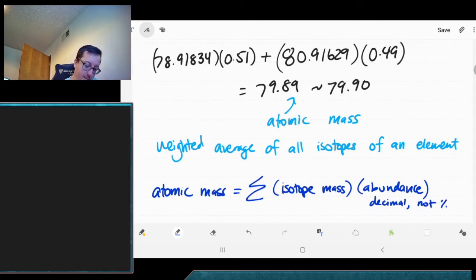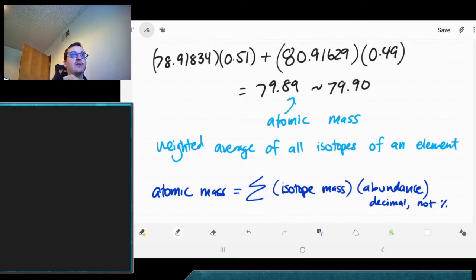Not percent, so put it in decimal form. And you'll add that up for however many there are. So for bromine, there were 2 isotopes, so we would add up 2 things. We're going to add the isotope mass of our first isotope times our abundance, added to the isotope mass of our second one times the abundance there. So that's how we're going to calculate our atomic mass.